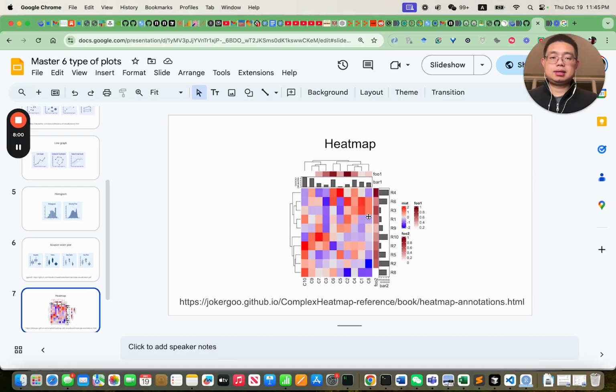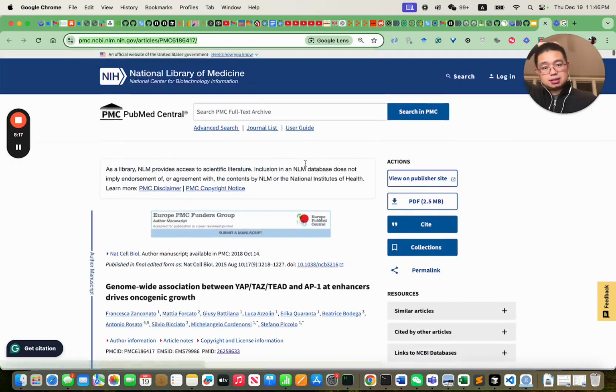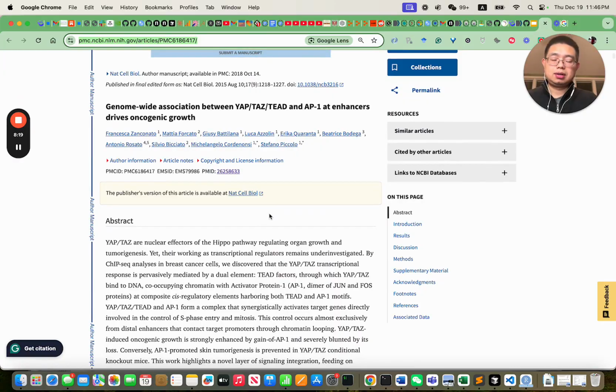Okay, so I have shown you the 6 types of plots, and I'm going to prove to you that in a genomics paper, essentially 90% of the figures are those 6 different types of plots. This is the paper I'm going to show you: genome-wide association between YAP, TEAD, and AP1 that enhances drive oncogenic growth.